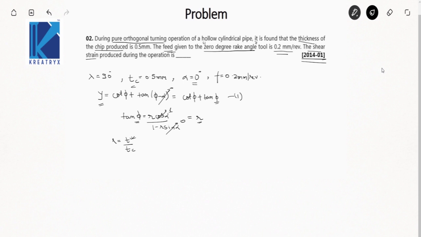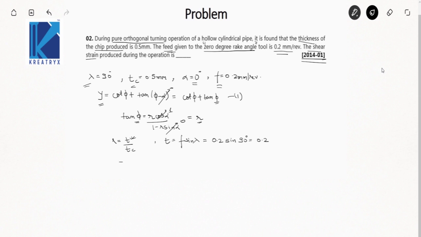So how will we calculate T? Basically T can be calculated using the value of lambda and feed, and the relation is T equals f sin lambda. From geometry we are getting this relation. So f is 0.2 and sine of lambda, which is sine of 90 degrees, is 1. So T is equal to 0.2.